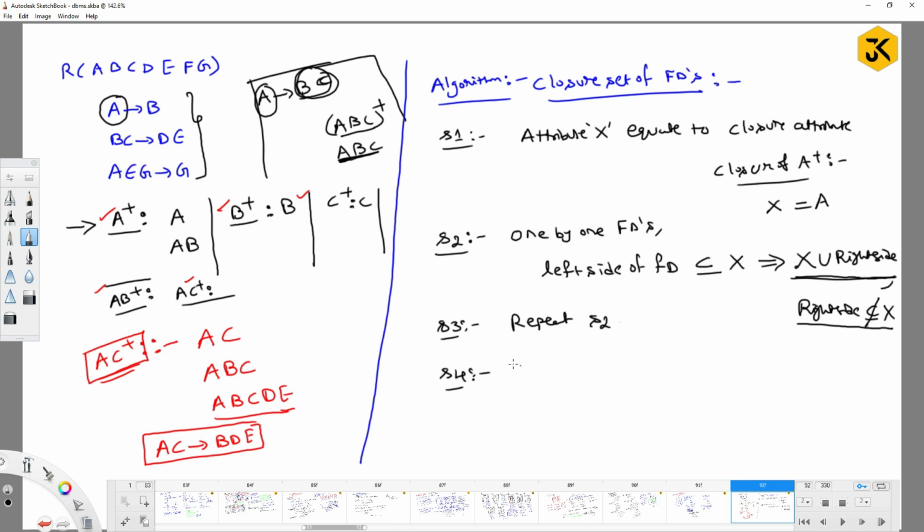If you are not able to add any other attributes, then you can stop, and we can say that this is the set of FDs possible with respect to X. This is the general algorithm to find the closure set of attributes. Okay, so let's try to solve a few questions regarding this concept.